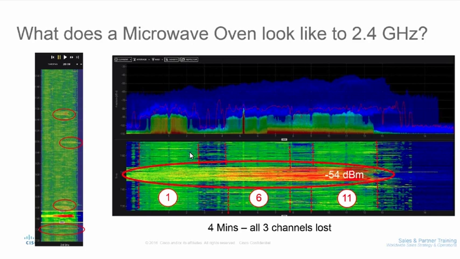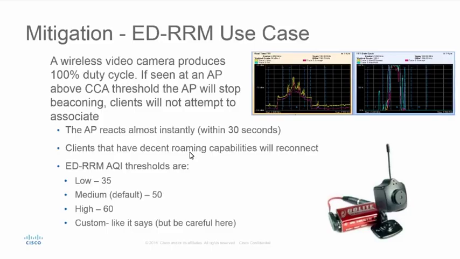Event-driven RRM not only detects this event happening, but also can mitigate it. Another interesting thing, Alan, I know you have a really great example. Can you show us your great example?